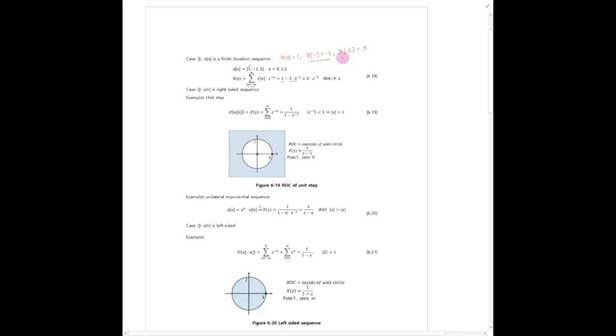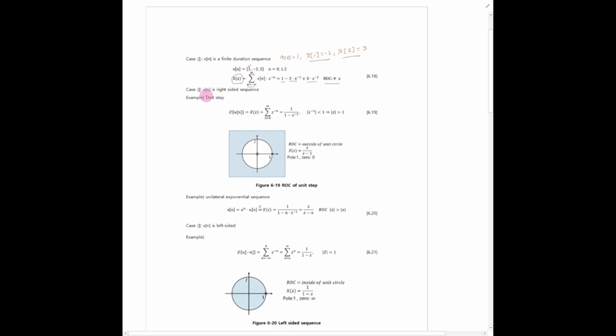And here x[2] is 3, and g to the minus 2. So X(g) is expressed in this way. In this case, it's a finite duration, so the region of convergence is the whole range.